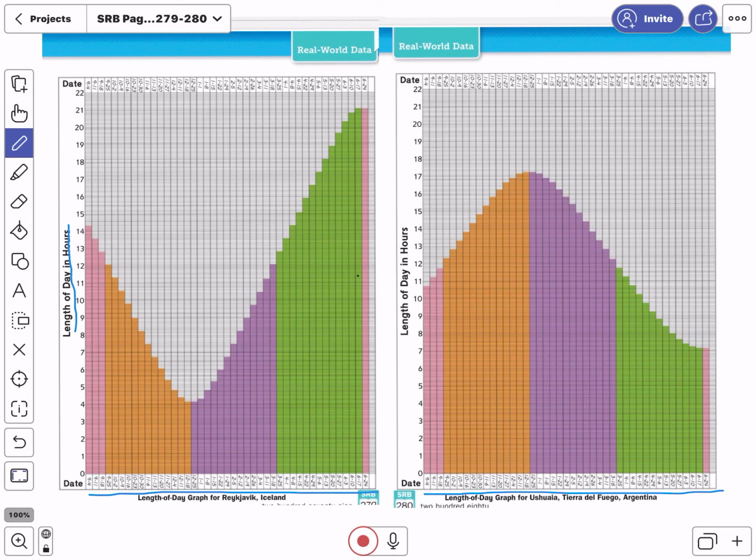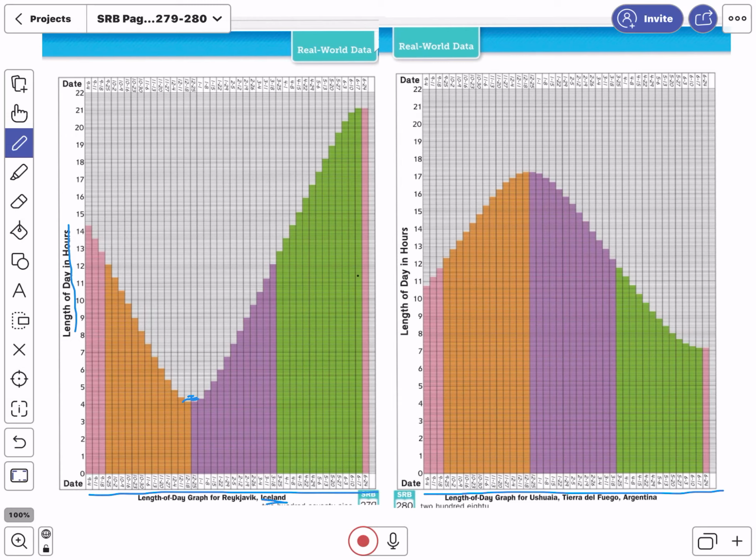You can see that it's about here. What are those days when we come down and look at the dates? It's December 18th and December 25th. Those are the shortest days. Because Iceland is in the northern hemisphere, in the north half of the globe, in the winter is when they get the least amount of sunshine.